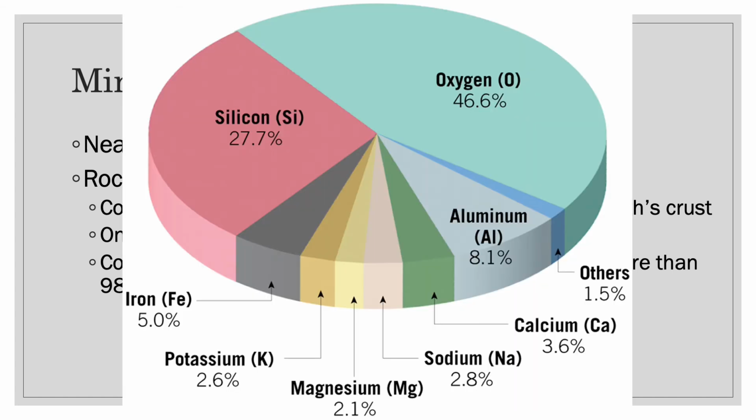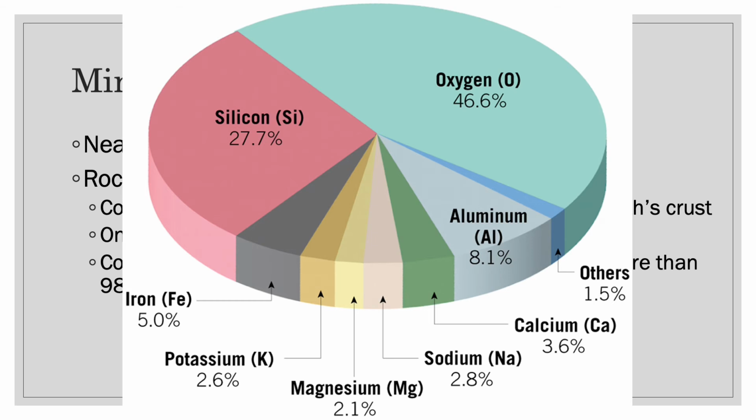So these are the 8 elements that make up most of the continental crust. As you can see, oxygen makes up almost 50% of the continental crust, and silicon makes up more than 1/4 of the continental crust. So as you'll see later in this lecture, oxygen and silicon come together as part of the vast majority of minerals that exist.